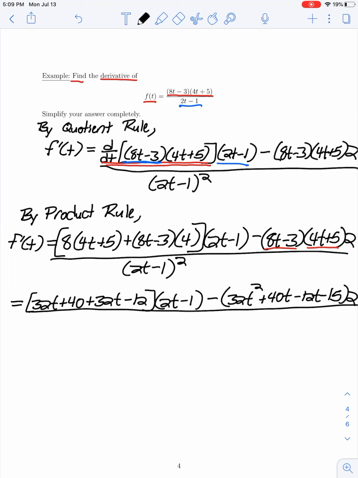And still, all over our denominator, 2t minus 1 squared.